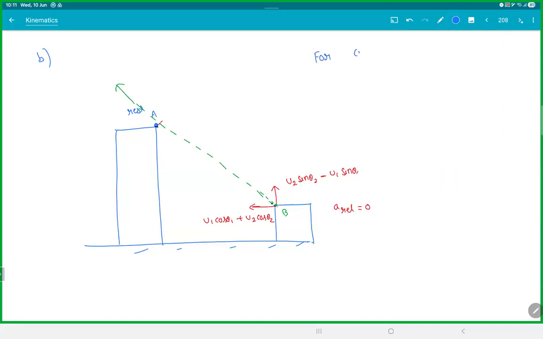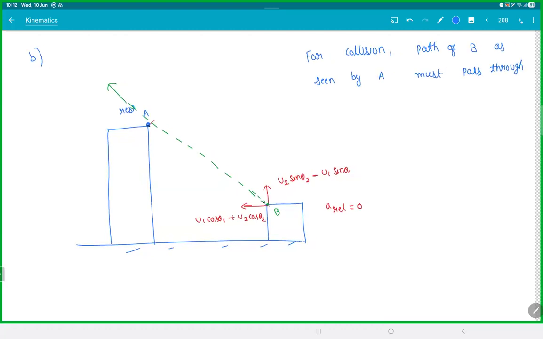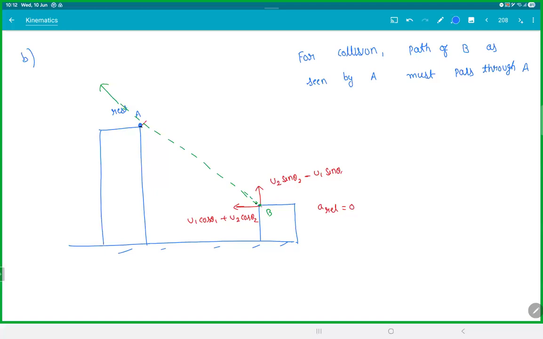For collision, the path of B as seen by A must pass through A. Basically, the velocity must be pointing towards A. That means this angle, whatever you get, is this angle alpha.